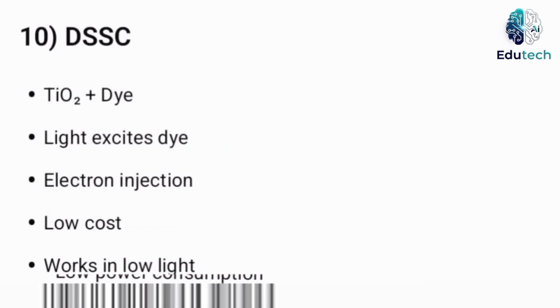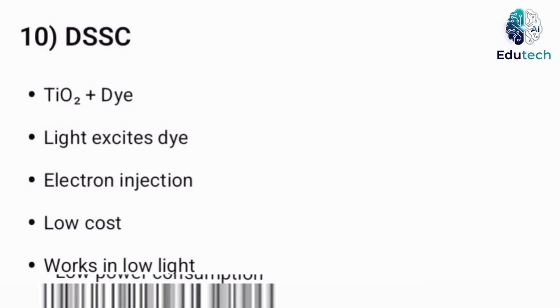Explain dye-sensitized solar cell (DSSC). A dye-sensitized solar cell is a low-cost photovoltaic device that converts sunlight into electrical energy. It consists of a transparent conducting oxide glass substrate, a TiO2 semiconductor layer coated with dye molecules, an electrolyte, and a counter electrode.